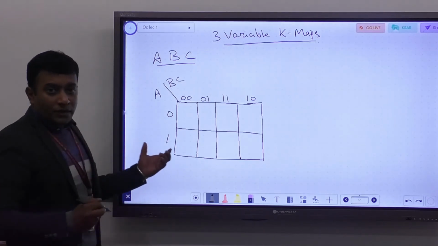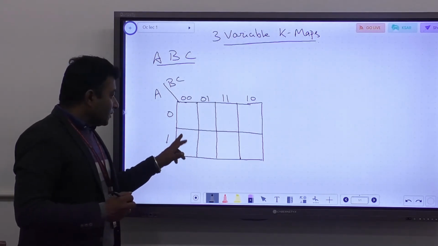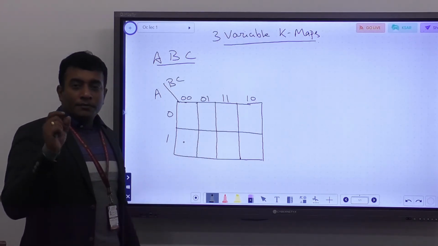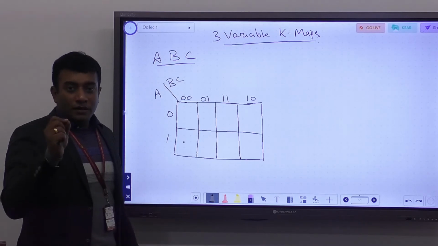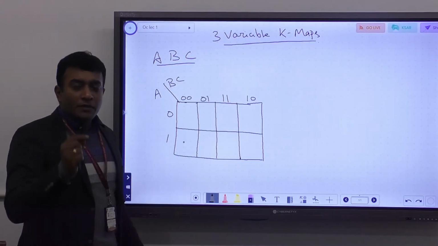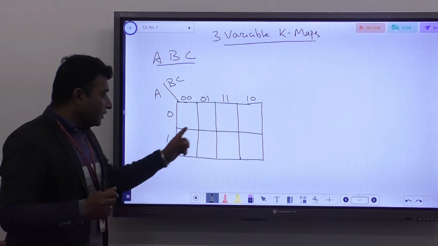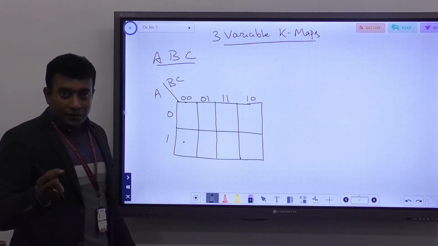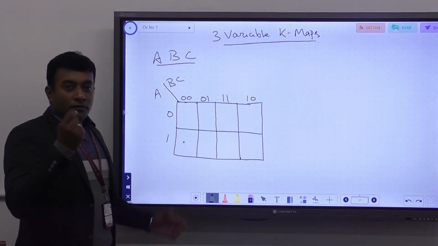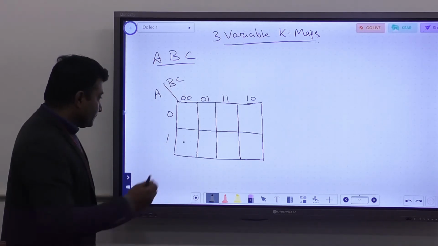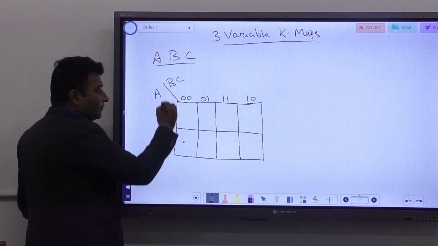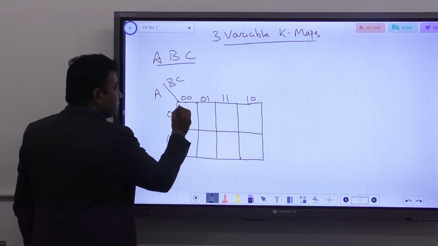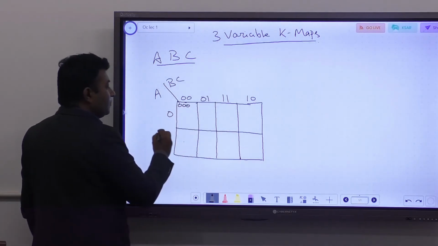That's how we can make a pair or a quad, because two adjacent boxes would have a bit difference of just 1. So if we pair these two, one of the variables would be eliminated, and that's how one gate would be reduced. Anyways, that would be done later on, but here we have to get the positional values. So this is 0, 0, 0.